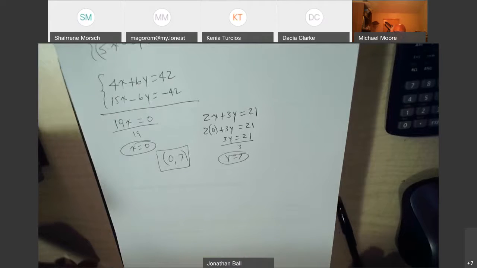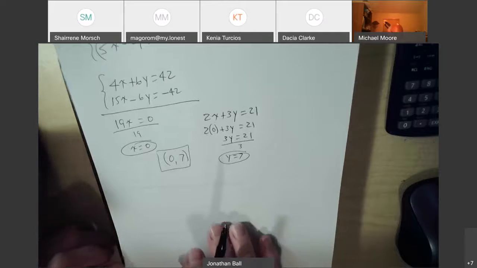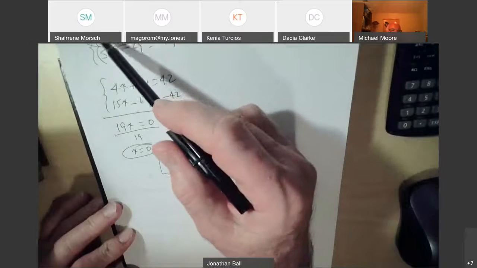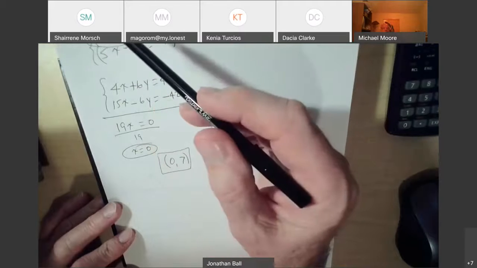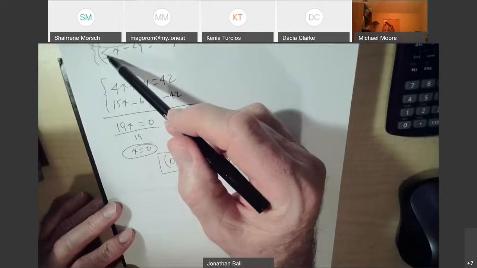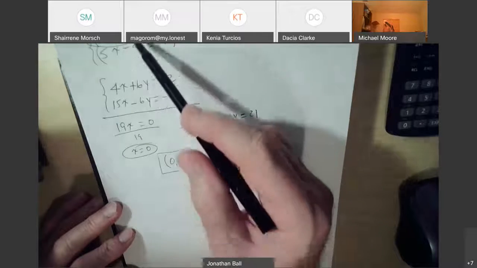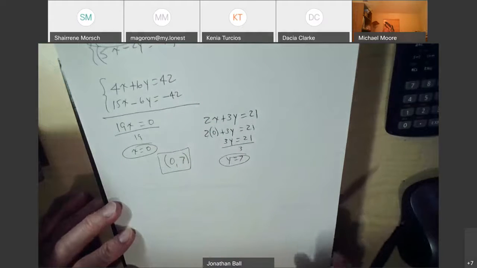Okay, and again, this is about as difficult as these get, and it's really not all that difficult. What we want to do is we could have multiplied this top one by negative 5 and this one by 2, and would have eliminated these two. But these numbers are a little smaller and easier to deal with.